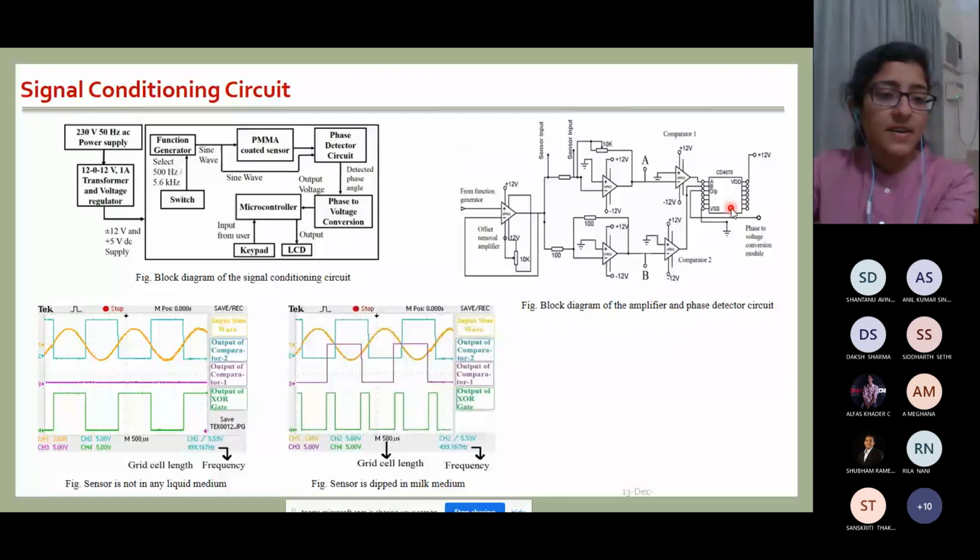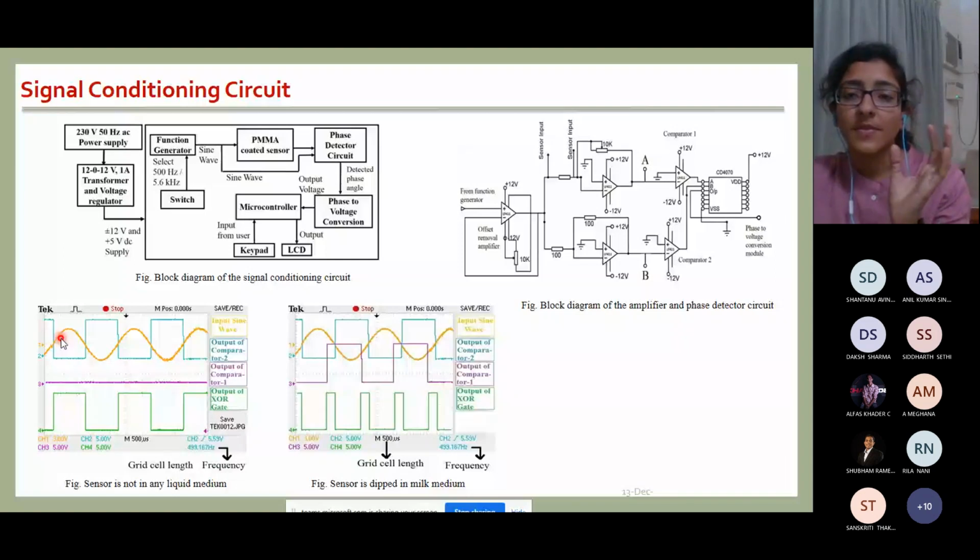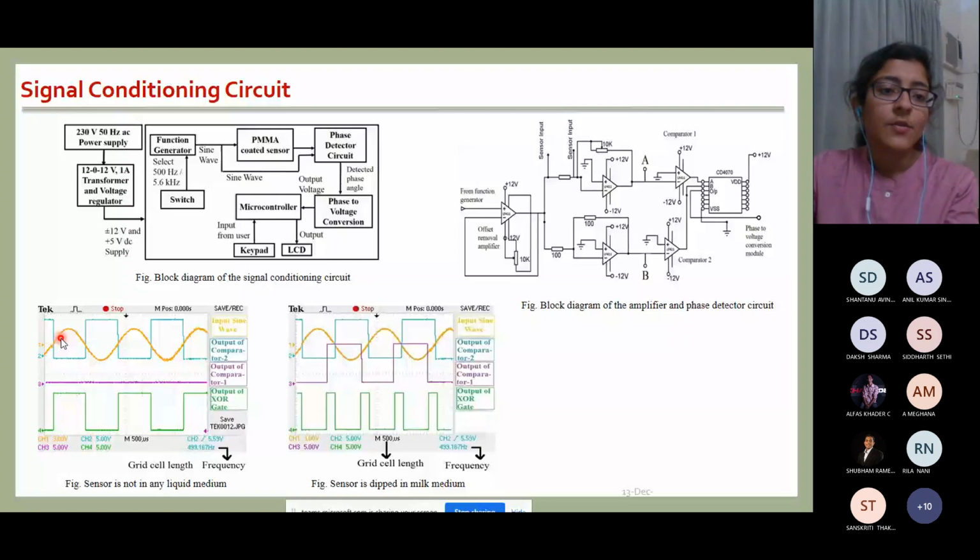First we convert the sine wave into a square wave, because in the square wave we will see the XOR functionality in a better way. So we are getting a square wave.